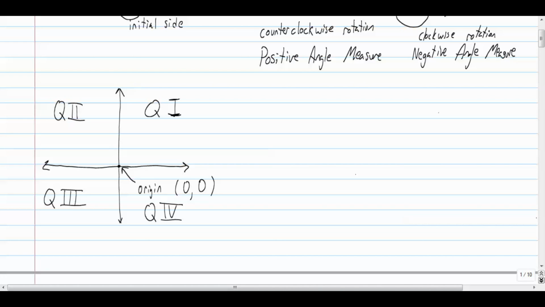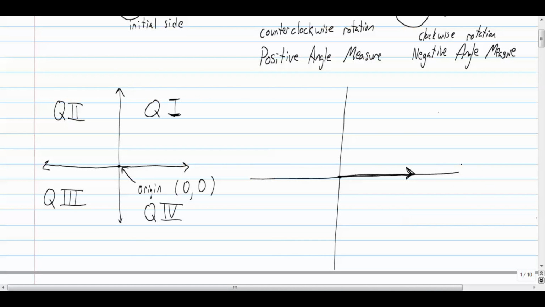Okay? Well, if I draw an angle measure on the Cartesian coordinate plane whose initial side starts on the positive x-axis, like this, let's say that this is the initial side right here of my angle measure.